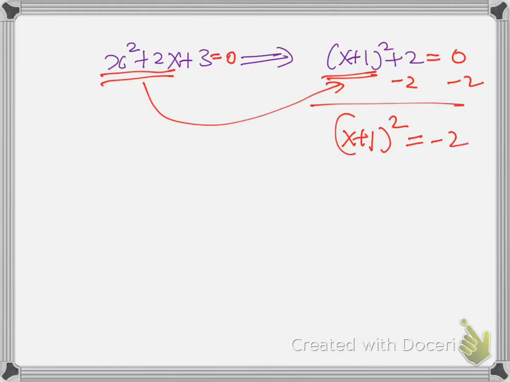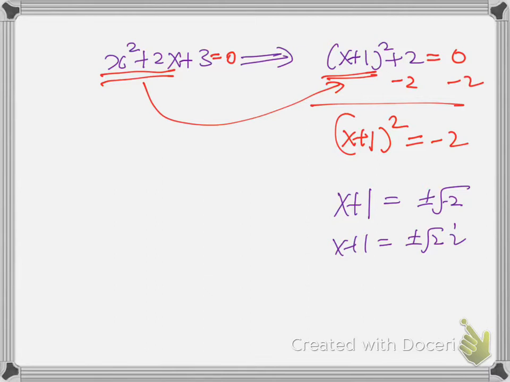Then we take the positive and negative square root. So x plus 1 is plus or minus the square root of negative 2, which is plus or minus the square root of 2 times i. There's an i for the negative sign inside the radical sign.